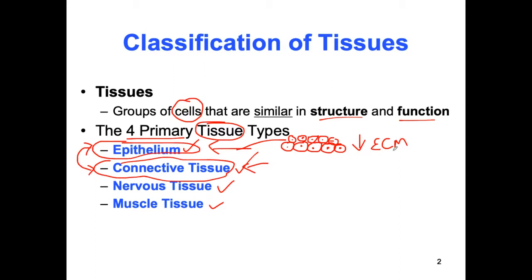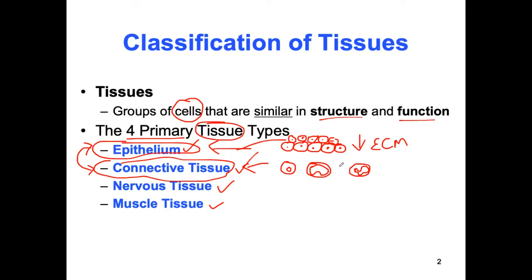They have very little extracellular matrix, and that's very different than connective tissue, where we can have, let's say, a red blood cell here, then maybe we have a type of white blood cell with a different shaped nucleus here, and then we have maybe another type of white blood cell with a different type of nucleus here.